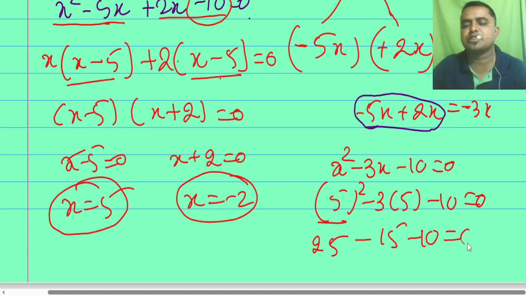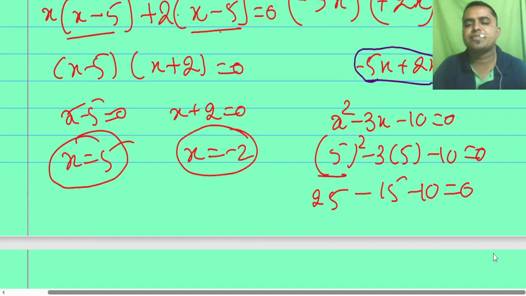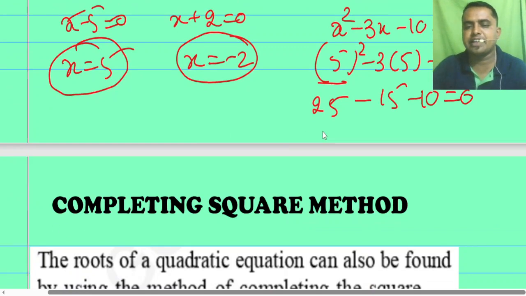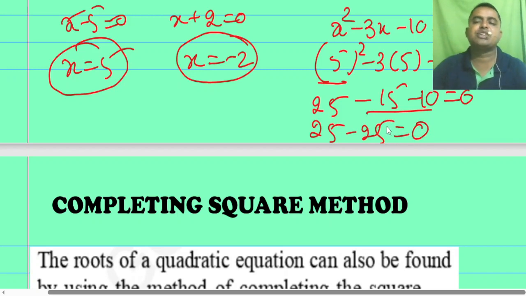Now 25 as it is, minus 15 minus 10 is minus 25, and minus 25 plus 25 is 0. So 5 is a solution of the quadratic equation.